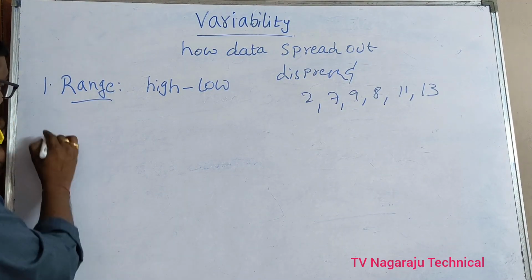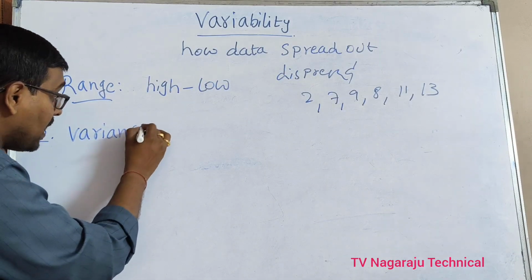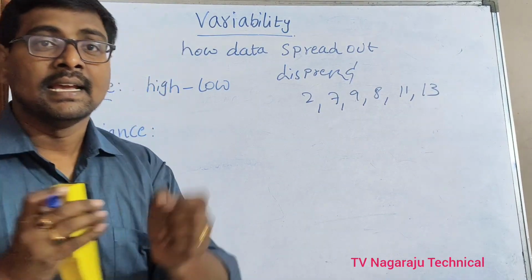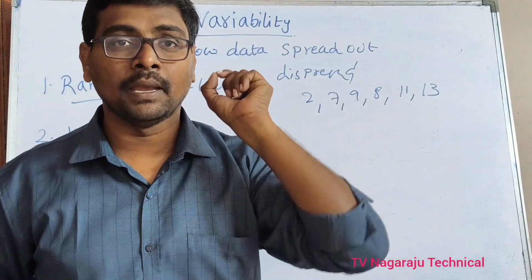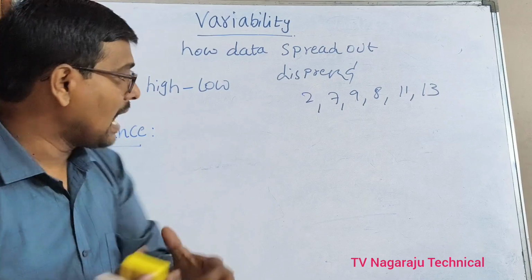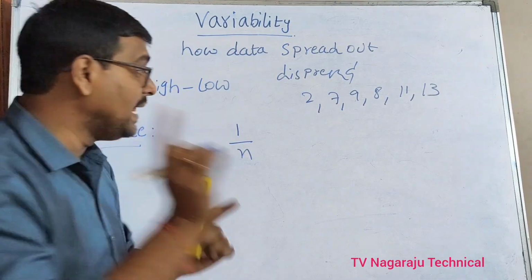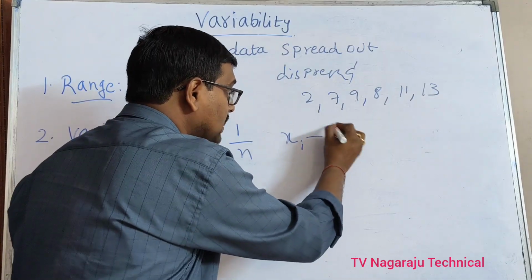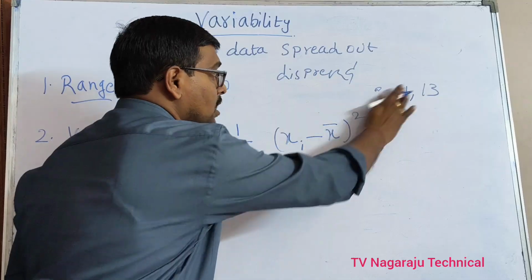Now, two more measures are there. Another one is variance. Simply, variance is the average squared deviation from the mean. Understand? That is 1 by n times the squared deviation from the mean, so xi minus x bar, whole squared.